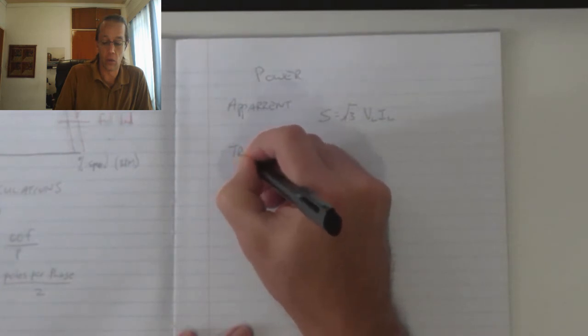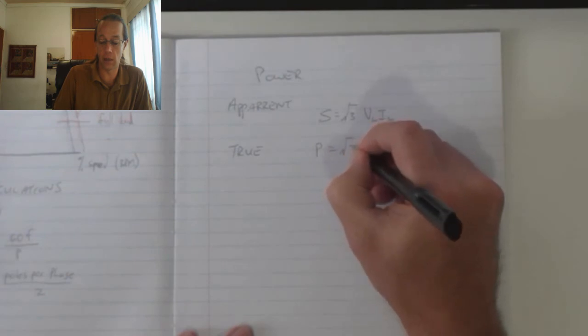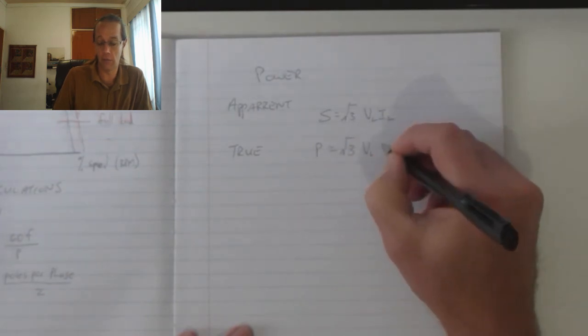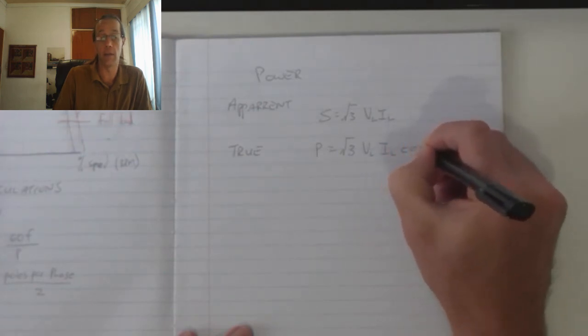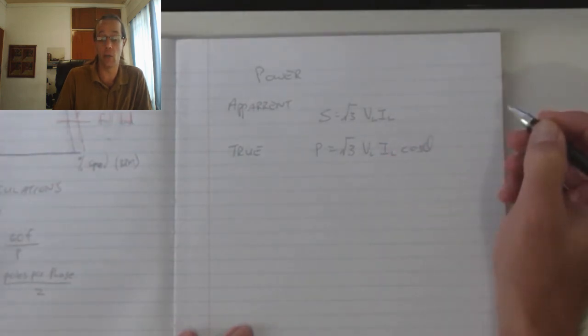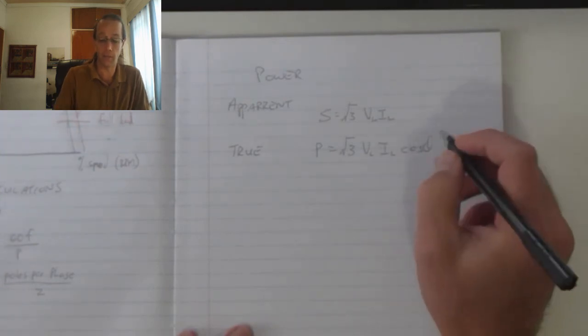Then true or active, P equals square root of 3 multiplied by line voltage multiplied by line current multiplied by the phase angle between the voltage and the current, or the power factor of the system.